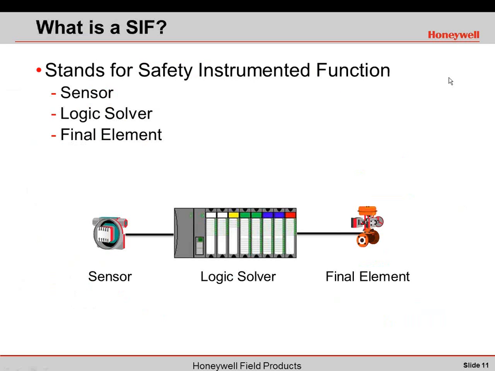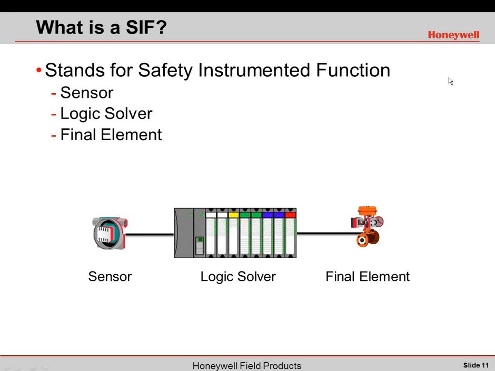So what is a safety instrumented function? Well, the safety instrumented function looks kind of like a safety instrumented system, and that's because your system is made up of individual instrumented functions. So a function has a sensor, logic solver, and final element, as shown here.